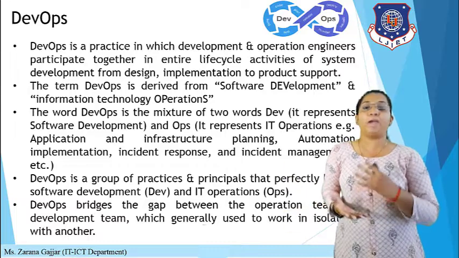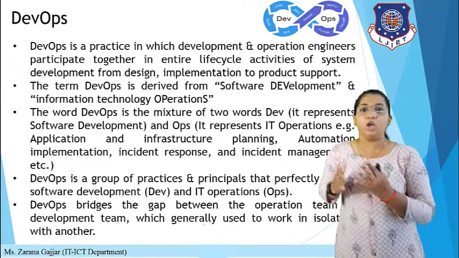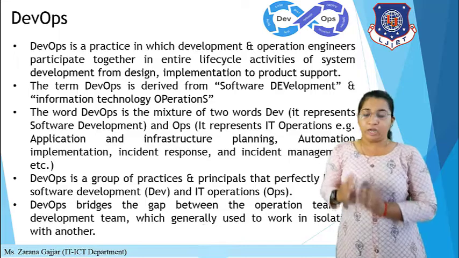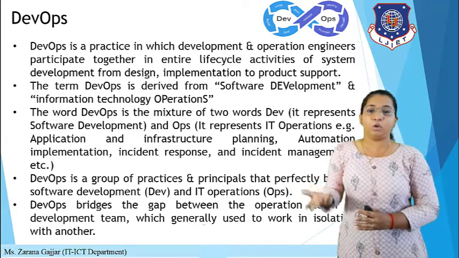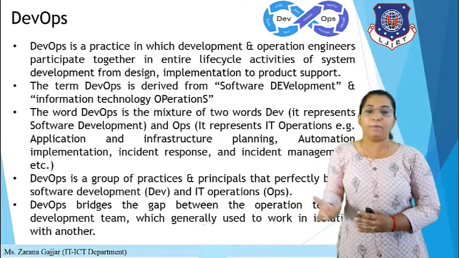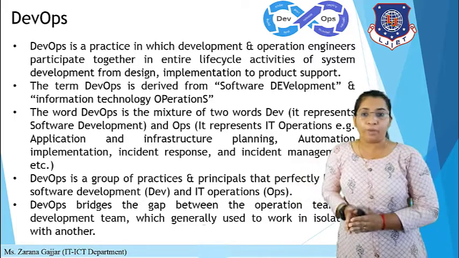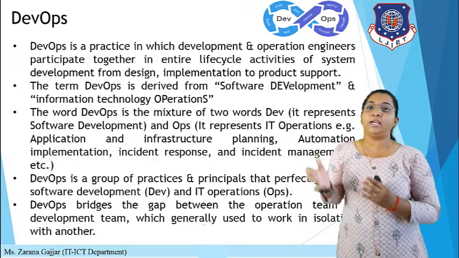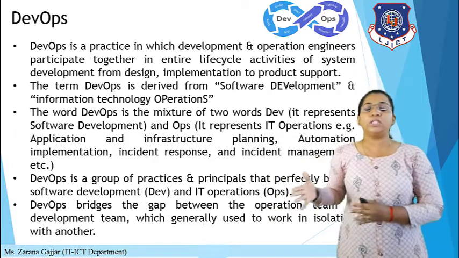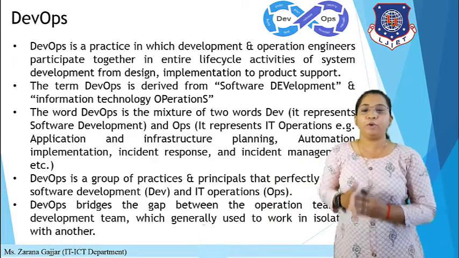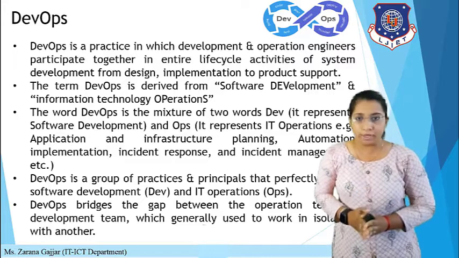So you are doing planning for your software application, which is a kind of operation. Then automation implementation. If you are applying any automation tool for testing, that is also operation. Then incident response and incident management. These are some operations that you perform during software development.